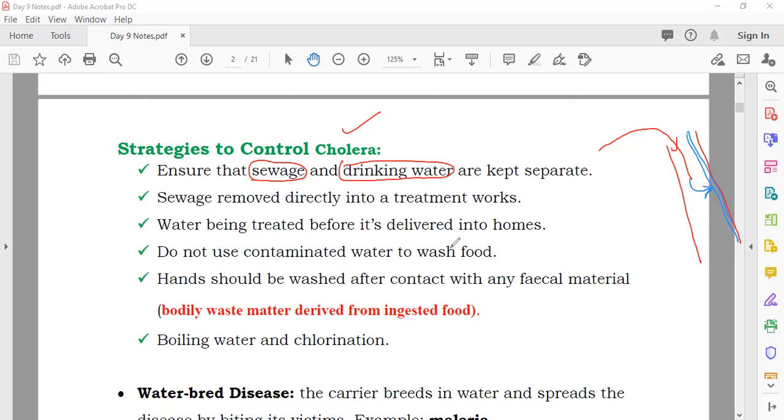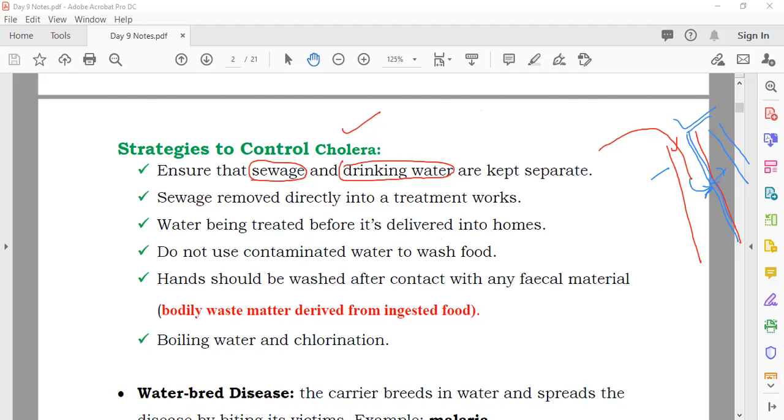So that can be a reason for cholera. In developed countries, you will not find this kind of chance, but in less economically developed countries you will. So the government should use pipes far away from each other for sewage and for drinking. That should be the government's policy.